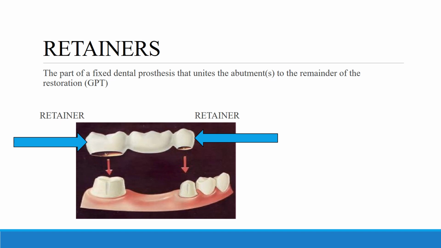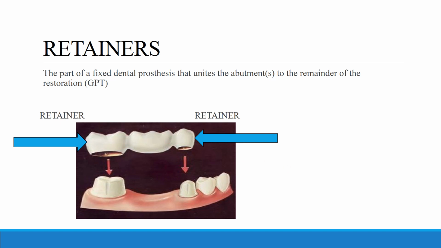Coming to the retainers. According to GPT, the part of the fixed dental prosthesis that unites the abutments to the remainder of the restoration is known as the retainer. Okay, this is the pontic, these are the abutments, and this whole part is the retainer, and in the middle are the connectors.